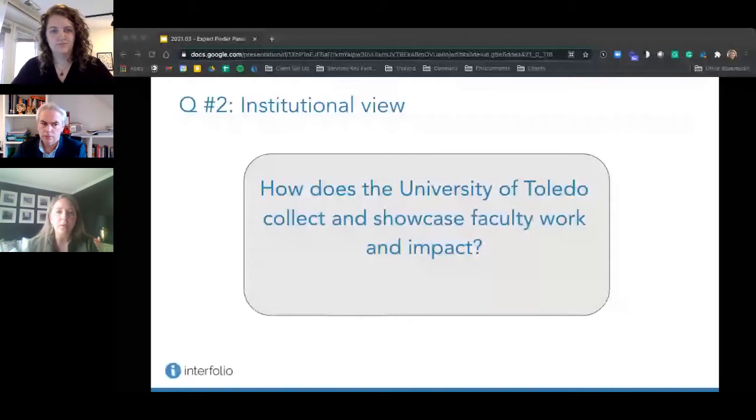But some of the ways that we collect information, and we always want to make sure that if we're utilizing something on campus, we're going to take that and feed it into our system. Kind of the backbone of this is trying to make sure that faculty have a positive perspective on it. So we're going to take whatever authoritative data source we have on campus and utilize that information. For example, tracking grant activity.